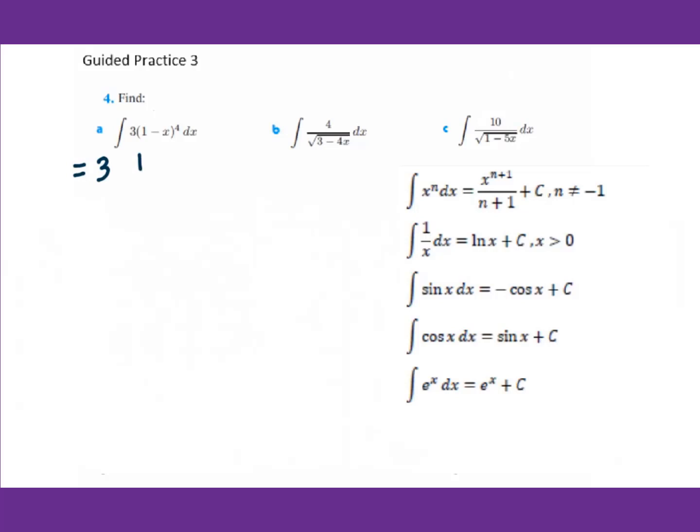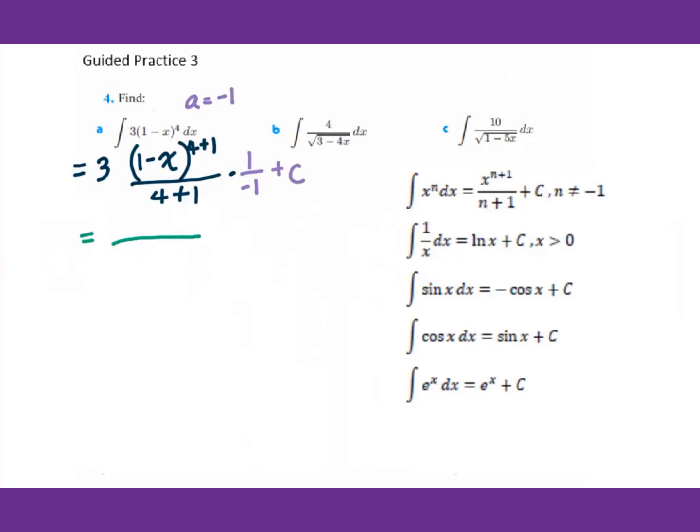Then you will get the 1 minus x to the 4 plus 1 over 4 plus 1. Don't forget this time a equals negative 1. So you will get the 1 over negative 1 plus c.